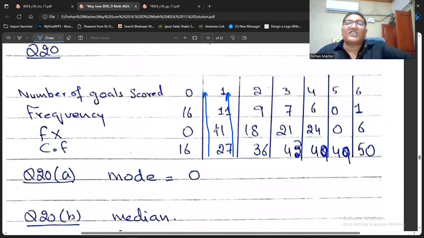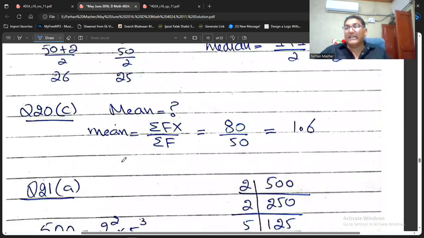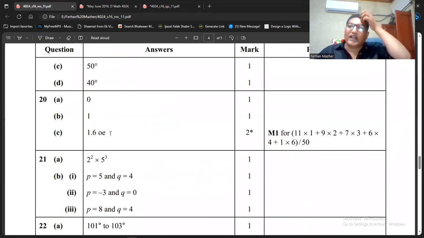The summation fx means you add up all these: 6 plus 24 plus 21 plus 18 plus 11 plus 0, and that will be 80. And the summation f we already know is 50. So the mean is 80 divided by 50, and that will be 1.6. So the mean score is 1.6, and this is how this is done.